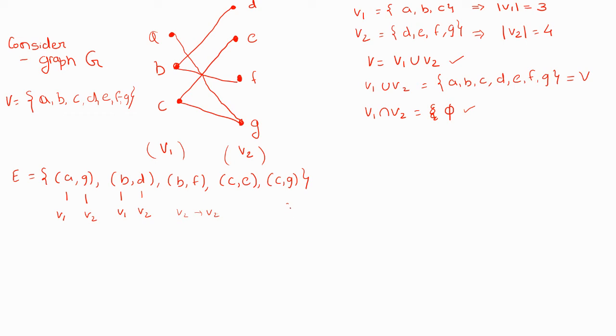That means there does not exist AD, there does not exist DE or something like that. So there does not exist any edge between these V1 sets. There does not exist any edge between these V2 sets. Okay, so all these conditions are satisfied. Therefore, this graph we can call as a bipartite graph.